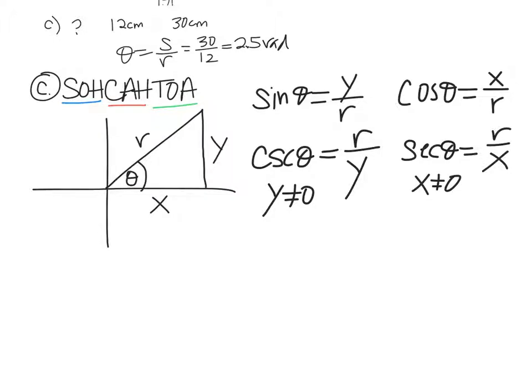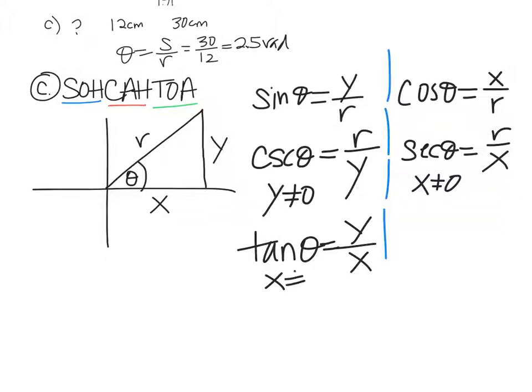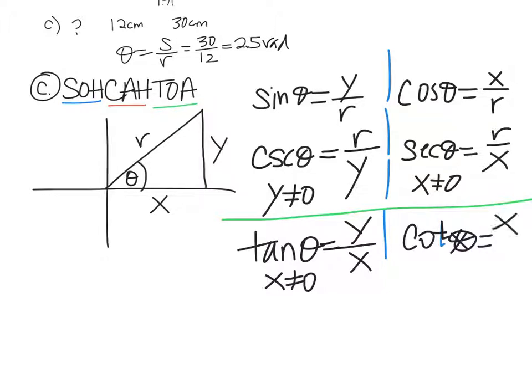Secant is the opposite of cosine, reciprocal. They go together. And then we also have tangent. And tangent would be TOA, opposite over adjacent, as long as x is not 0. And then its reciprocal, cotangent. Cotangent of theta is x over y.